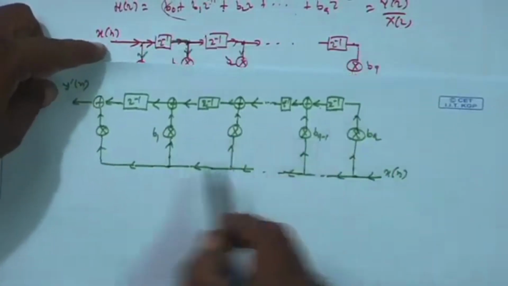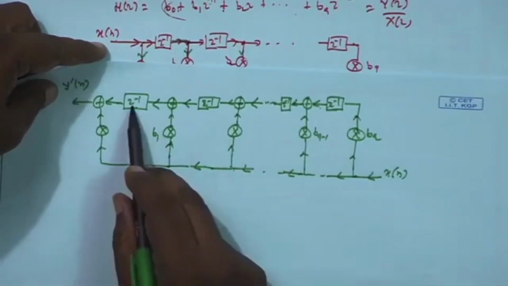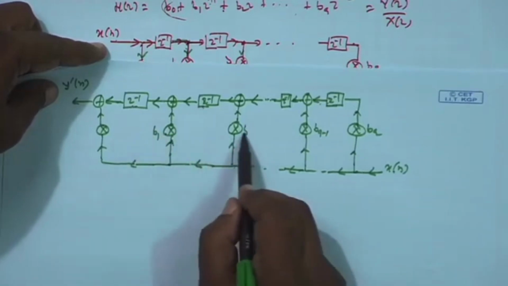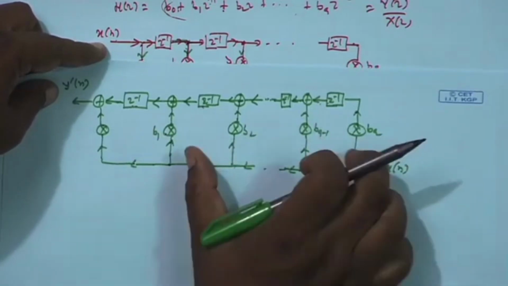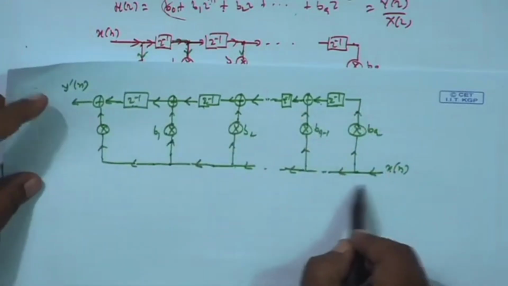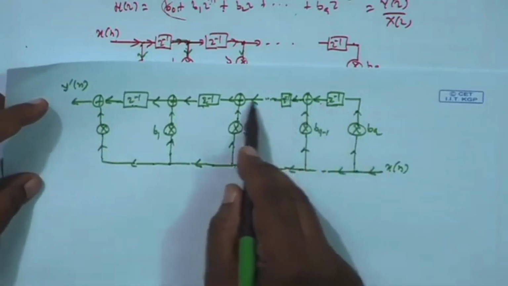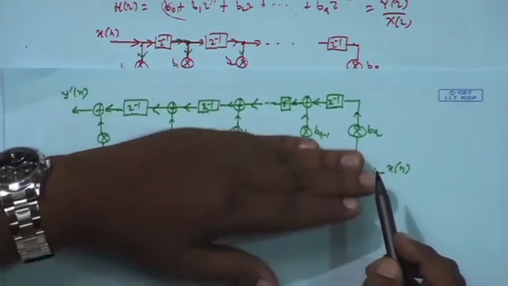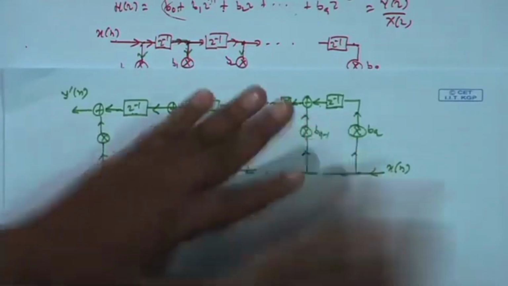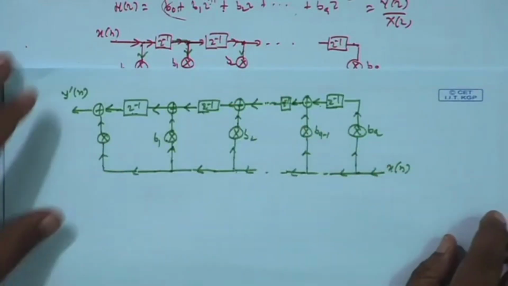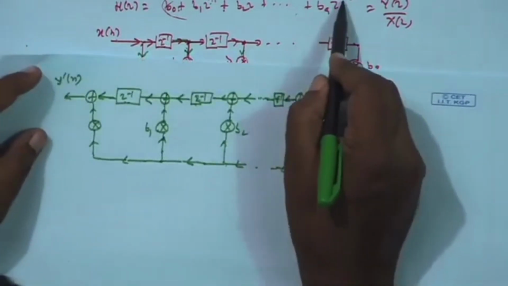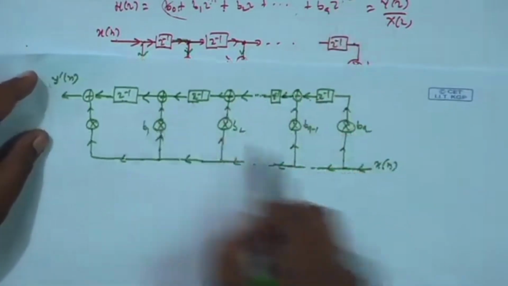Okay, there are total Q stages, B1 to Bq, Z inverse B1, Z inverse B2, Z inverse Bq. So, if there are Q stages, there are Q Z inverses. So, Xz into Bq, if you take that signal only, do not connect these signals, consider this only separately. Then you get this part, Bq into Z inverse Q into Xz.